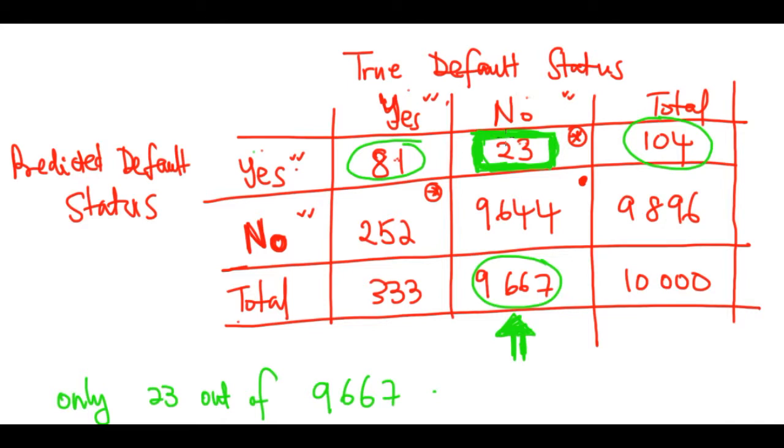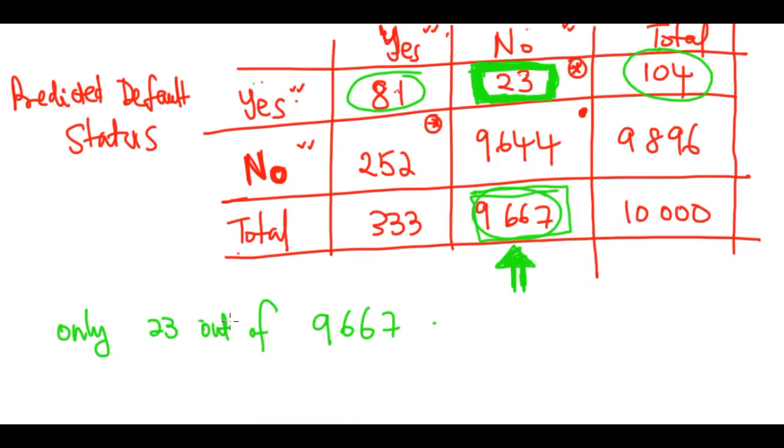These 23, our LDA blamed them, said, you guys defaulted. I'm predicting that you are going to default. So our LDA lied for 23 people. 23 innocent people. And how many innocent people did we have? We had 9667 innocent. They didn't default. But we predicted 23 of them to default. So we blamed 23 wrongly.